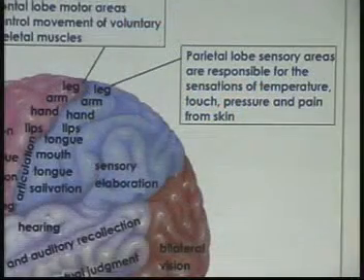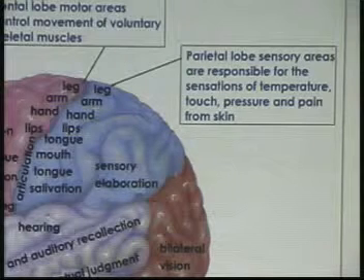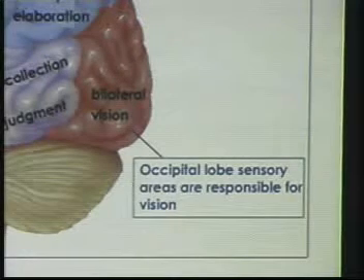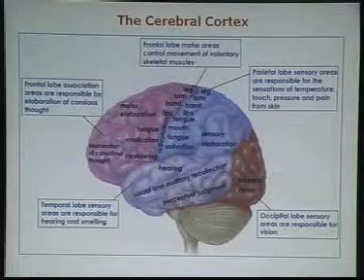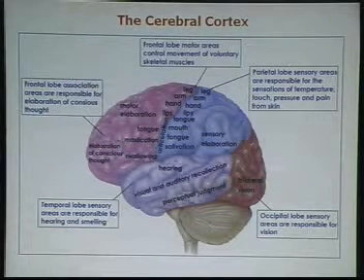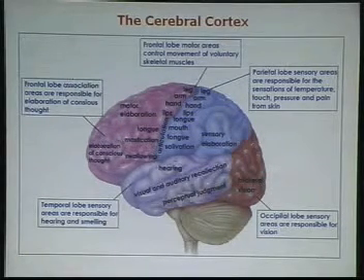This blue portion is the parietal lobe. Just below the parietal lobe is the occipital lobe, and below the frontal lobe you can find the temporal lobe.